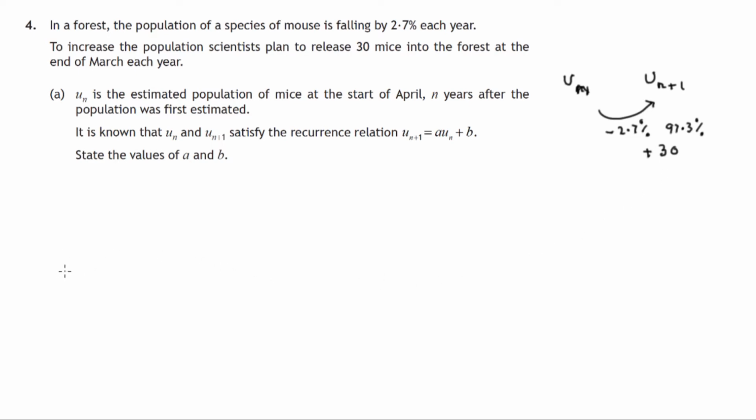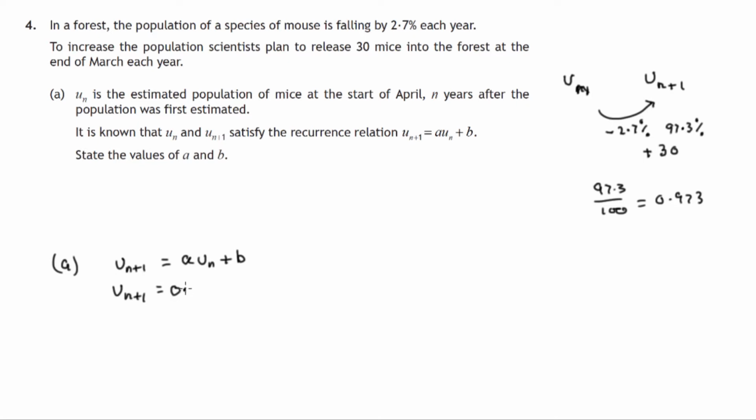So part A is asking us to establish a recurrence relation where we're to find the next year's population. We're multiplying the previous year's population by a number and then adding another number. So we now know that we've defined 97.3%. That's 97.3 out of 100. That's 0.973. There is the multiplying factor.